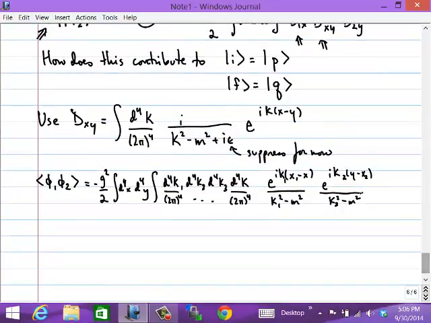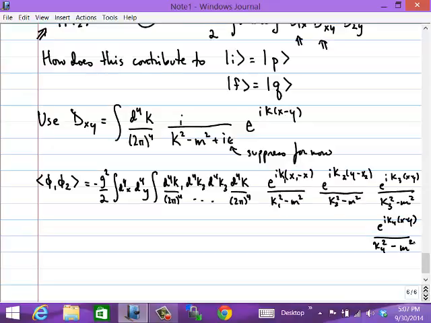And then we have 2 other propagators. We have an e to the i k3 (x minus y) over k3 squared minus m squared. And then we had an e to the i k4 (x minus y) over k4 squared minus m squared.